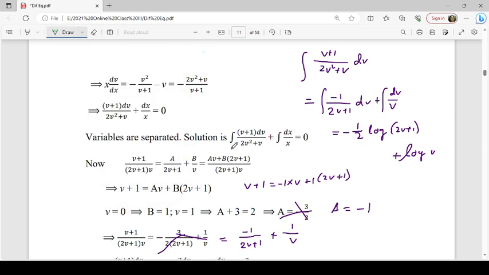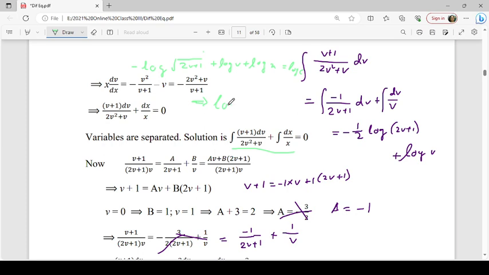So this integration is now minus log of root over (2v plus 1), since the half becomes a root, plus log v plus log x is equal to log of c, and we remove this log.